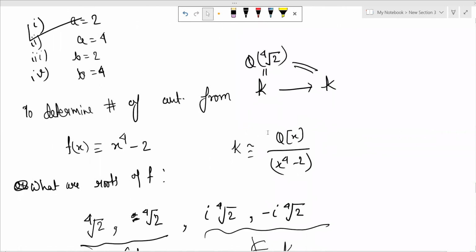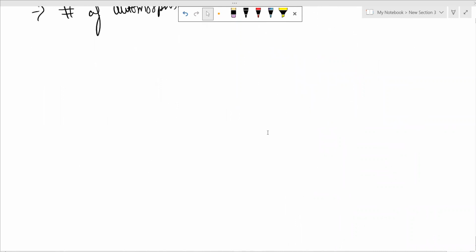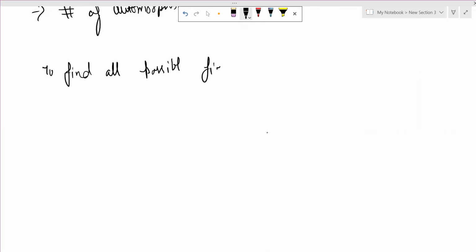So what are all the possible field homomorphisms? To find all possible field homomorphisms from K to C, K is just Q fourth root 2.